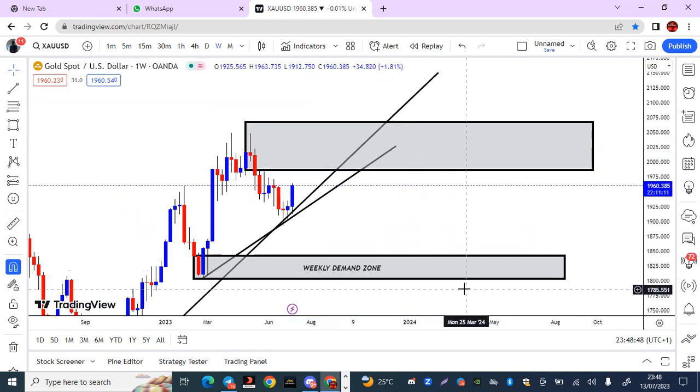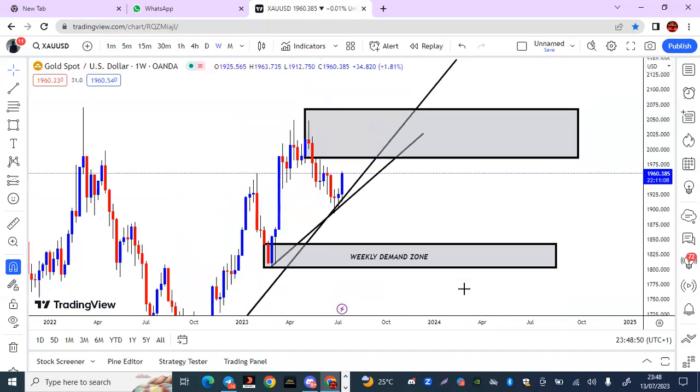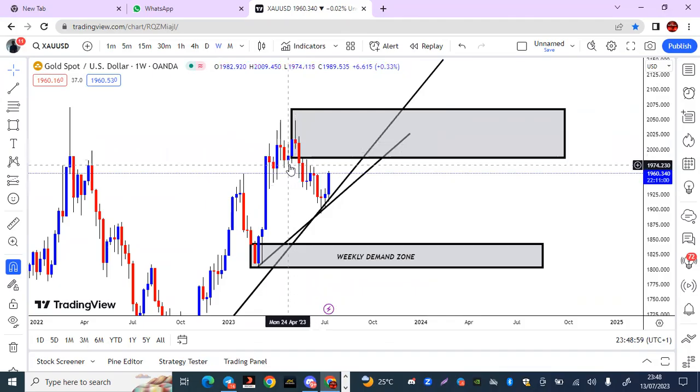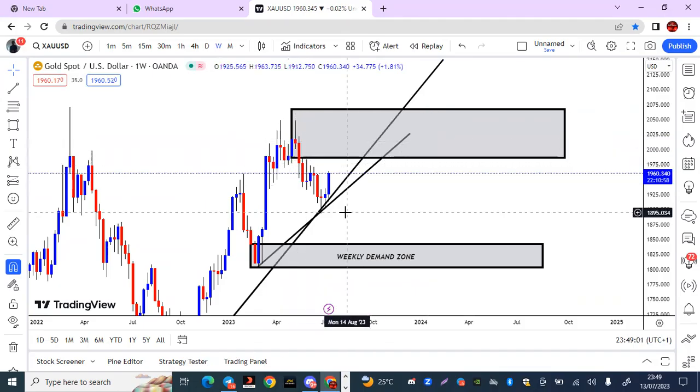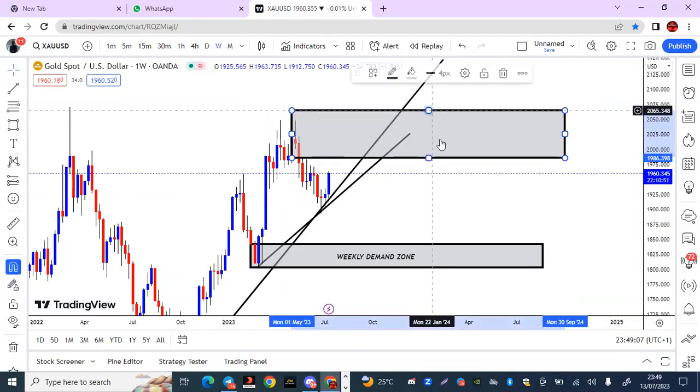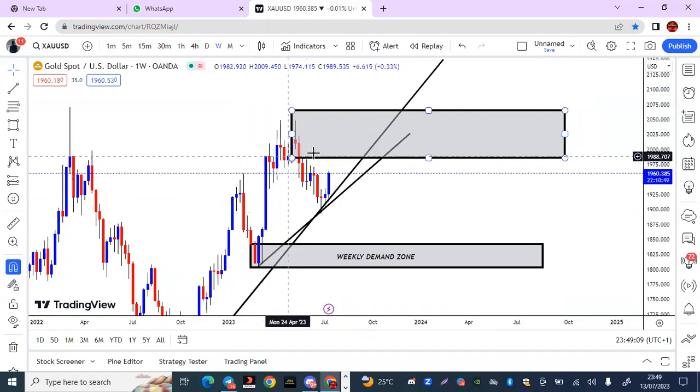Remember, like I said earlier during our earlier classes, the proximal is the candle where price is approaching. You don't mark the wick, you only mark the body. For the distal, you cover the wick. That's why I covered all of this here, because price touched that area. But for the proximal, just the body of the candle.